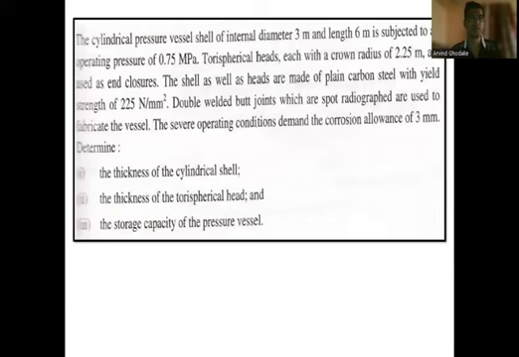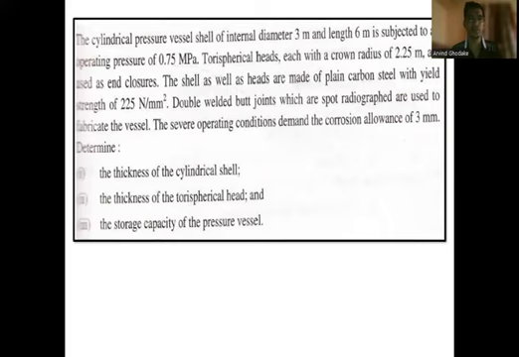Next is the problem. A cylindrical pressure vessel of internal diameter 3 meter and length 6 meter is subjected to an operating pressure of 0.75 megapascal. Torispherical heads, each with a crown radius of 2.25 meter, are used as enclosures. The shell as well as the heads are made of plain carbon steel with a yield strength of 225 Newton per mm square.